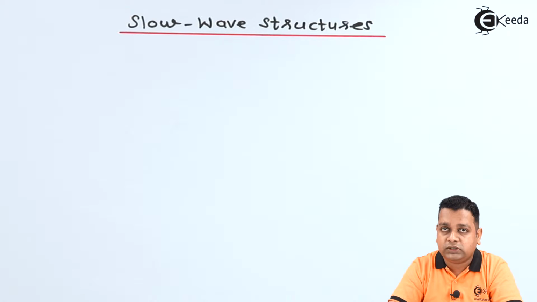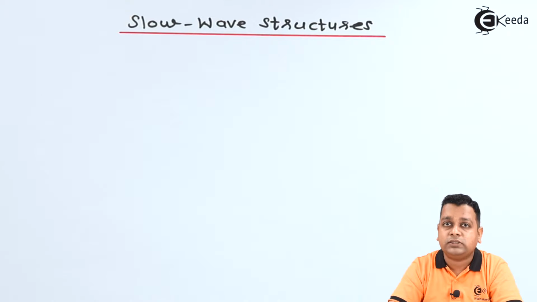So the slow wave structure is the structure meant for making more and more interaction between the microwave signal and the electron beam focused between the two electrodes of the microwave tube.